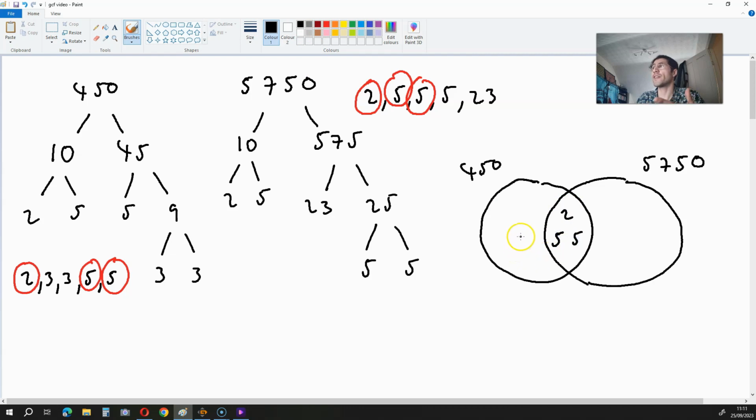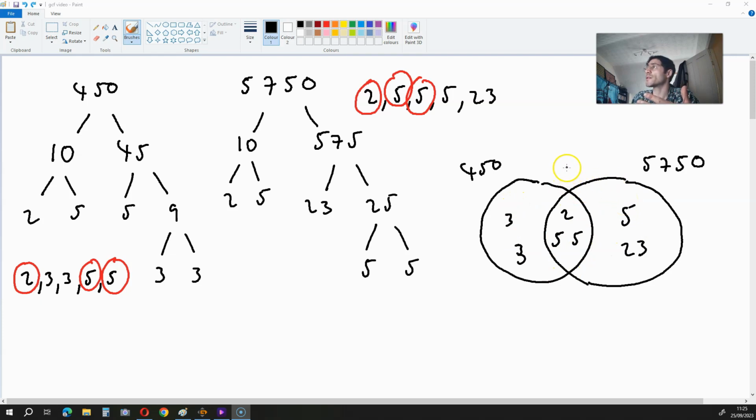Now the other prime factors of 450 are 3 and 3, and the other prime factors of 5750 are 5 and 23. Now with this Venn diagram here, unlike with finding the lowest common multiple of two numbers, you don't need to multiply everything within these two circles.